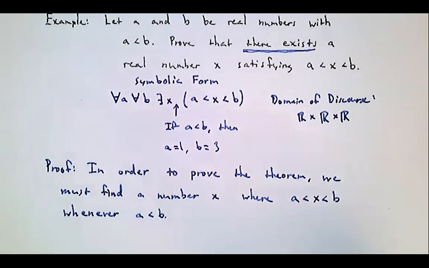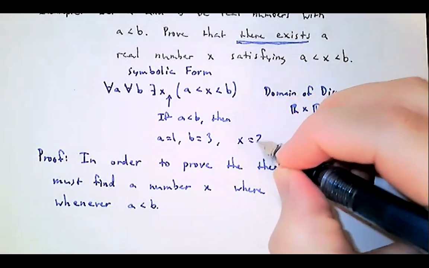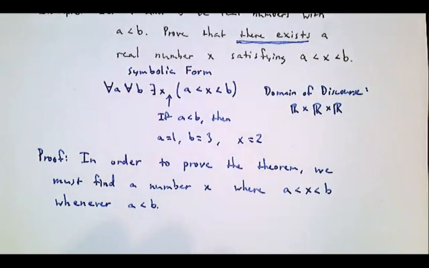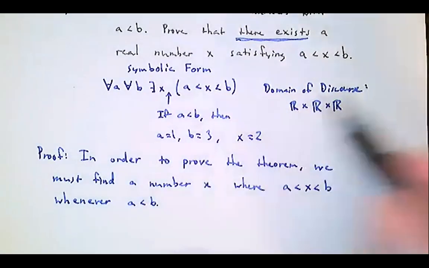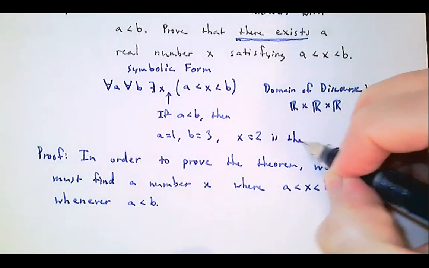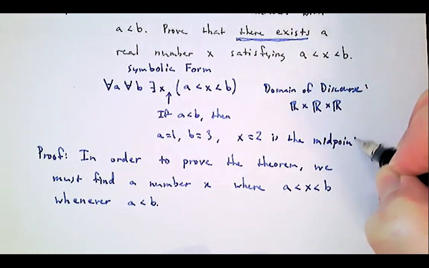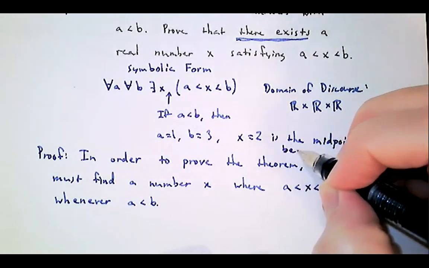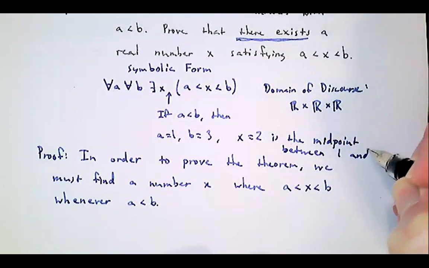Oh, 2.4? Yeah. So x equals 2 is the one I was hoping you guys would come up with. Because this one is exactly in the middle of the two. It's the midpoint between 1 and 3.